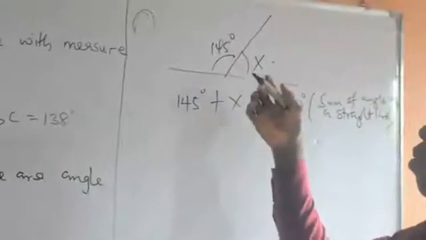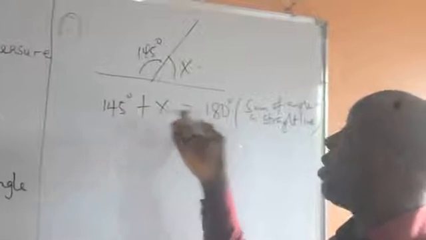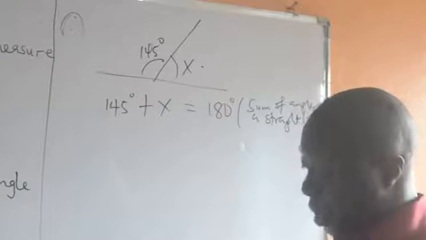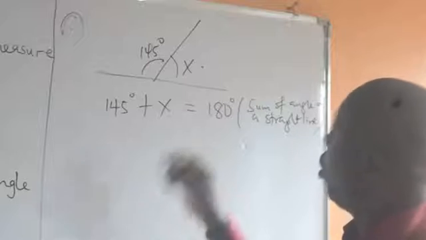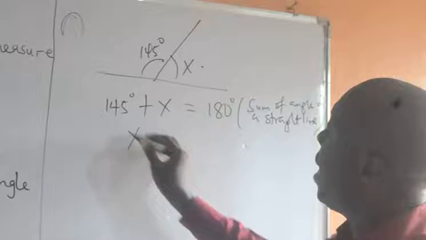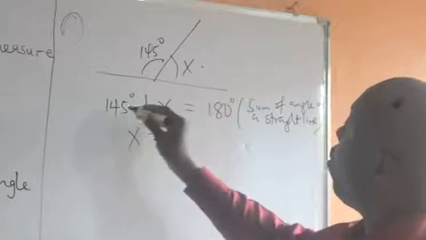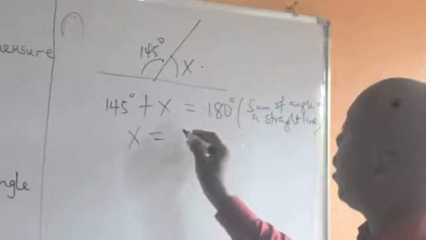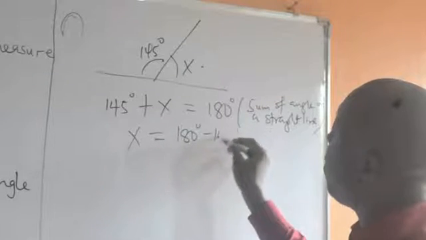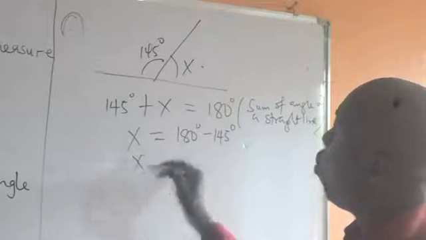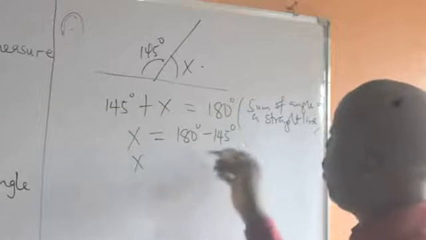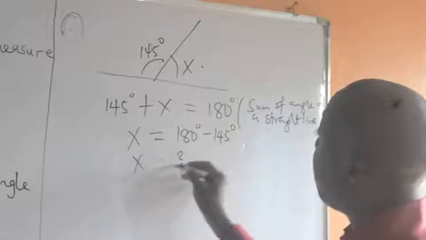So we have 145 degrees plus X degrees is equal to 180 degrees. To find the value of X, we move 145 to the other side: X is equal to 180 degrees minus 145 degrees, which gives us 35.